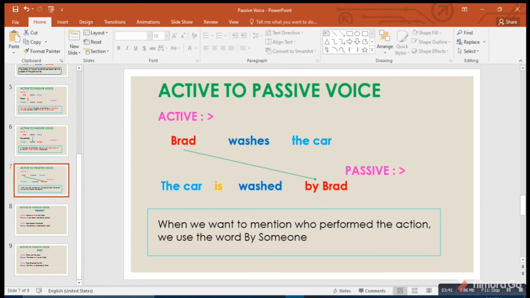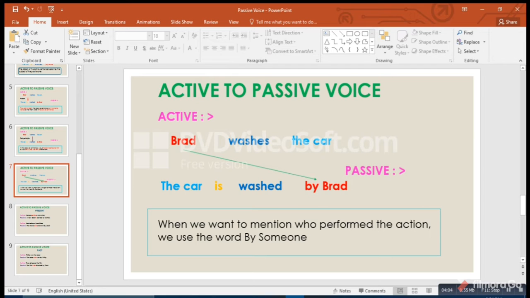Active: bread; passive: by bread. Then don't forget to move the subject here and add by, because of the passive voice. When we want to mention who performed the action, we use the word by plus someone.